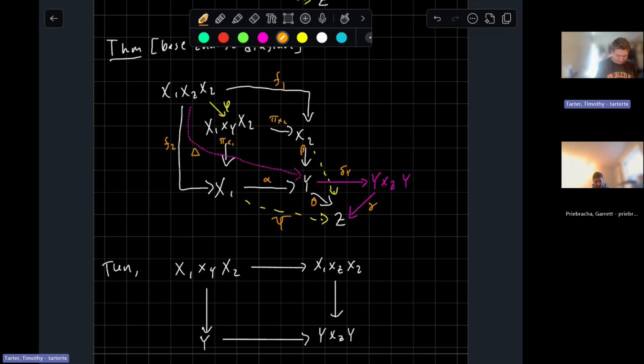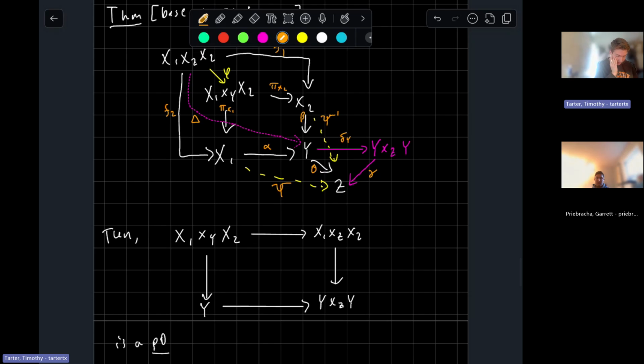Okay, and psi prime. So then the morphism of the fiber product of xy through x2 to xzx2 is phi inverse.